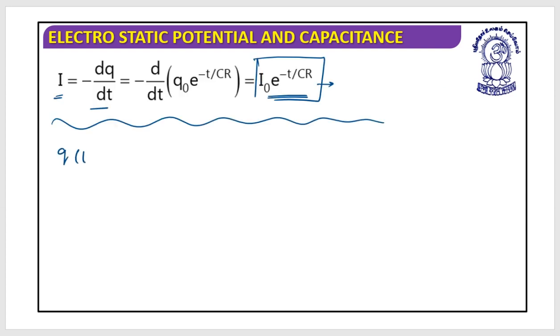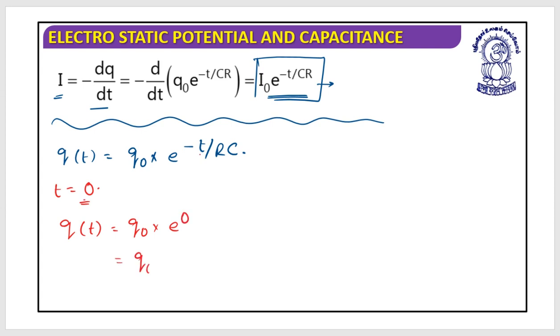Q of t equals Q naught into e to the power minus t divided by RC. So when I discuss this at t equals 0, what would be the situation? You must know this: it's Q naught into e to the power 0.